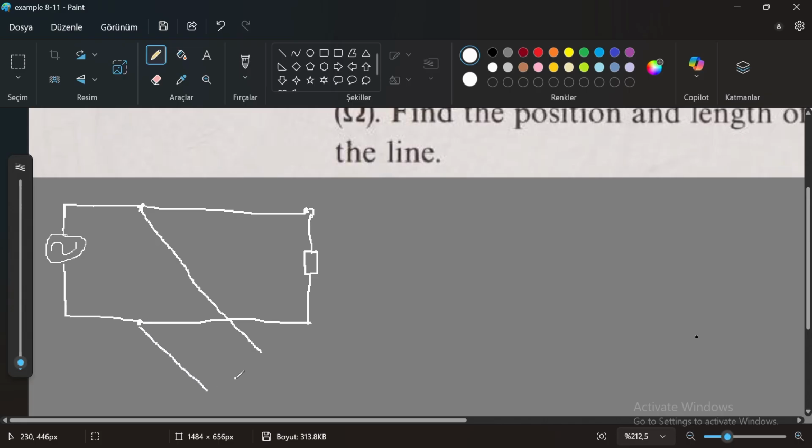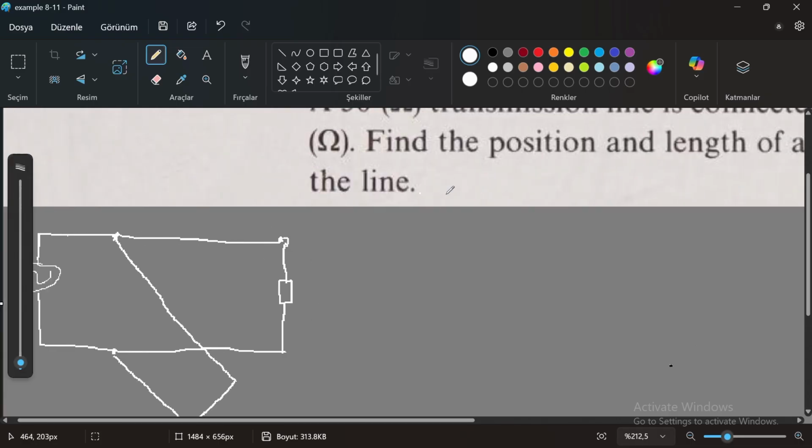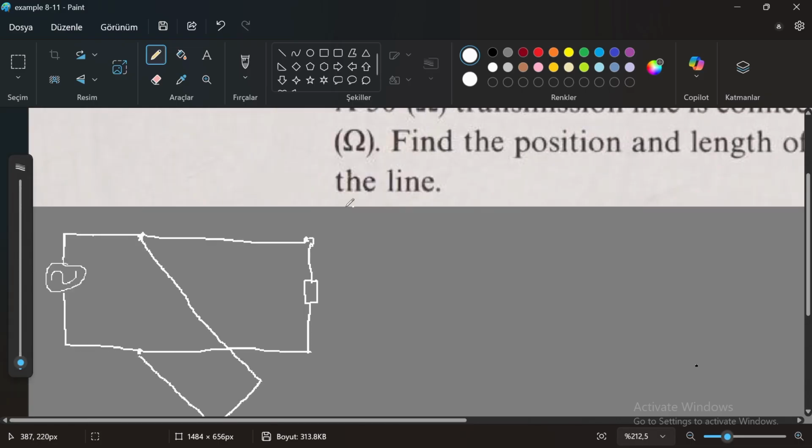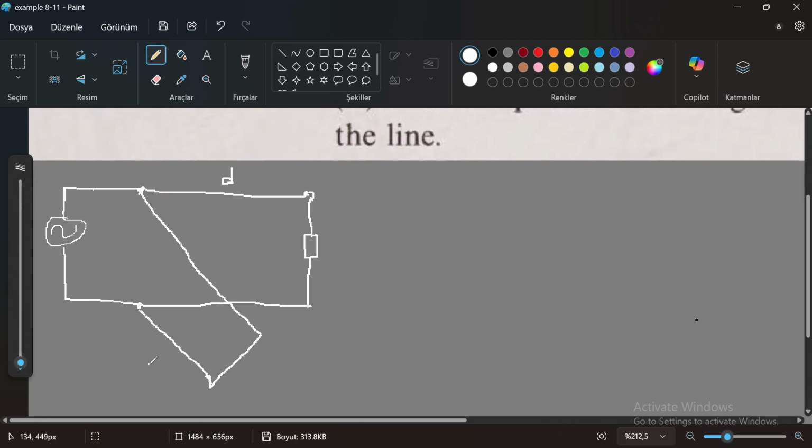The stub is connected in parallel, and it is also short-circuited. And we need to find the position and length. So it is asking for these distances, D and L. We need to find these D and L distances.